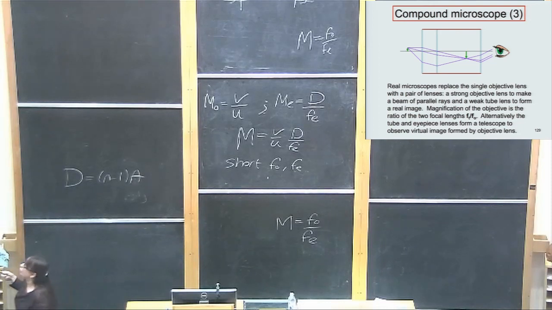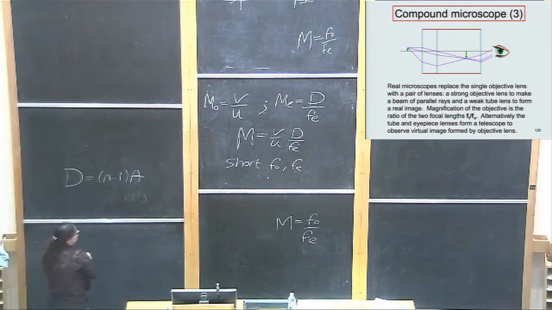That is how you want to use these real microscopes. What that means is that the rays are converted, roughly speaking, into parallel rays here. They hit the tube lens, which then itself forms this real and enlarged image. And then again, this eyepiece is being used as a magnifying glass exactly as it was before. So that distance is the focal length of the eyepiece.